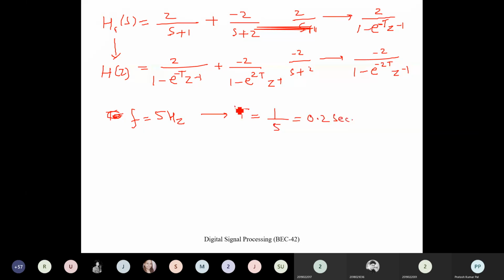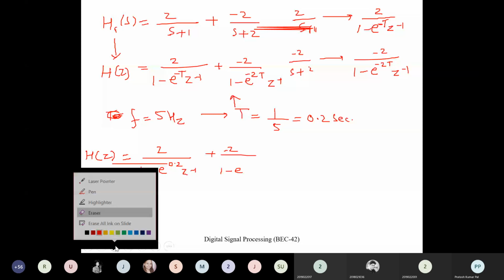So this h of z will be given like 2 divided by 1 minus e to the power minus t, which will be minus 0.2, and e to the power minus 2 multiplied by 0.2, that will be equal to minus 0.4 z inverse.